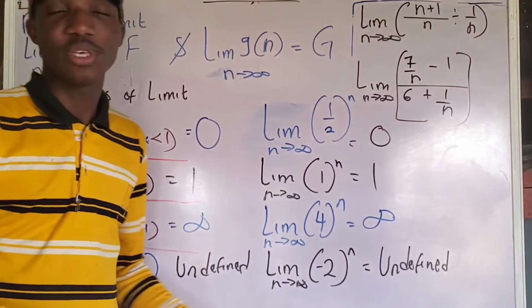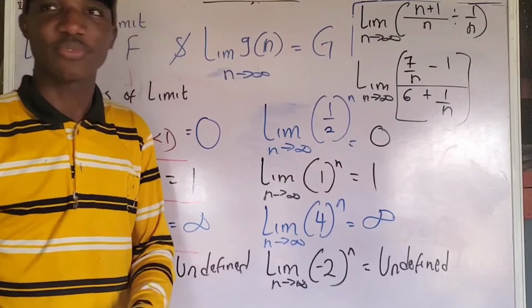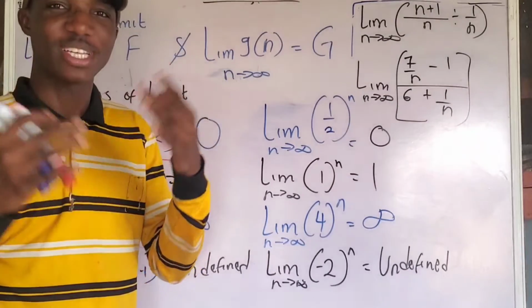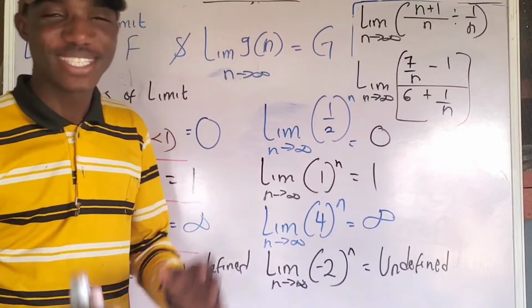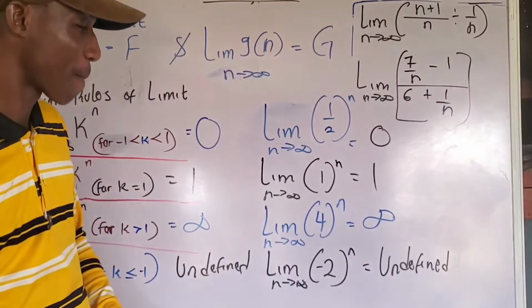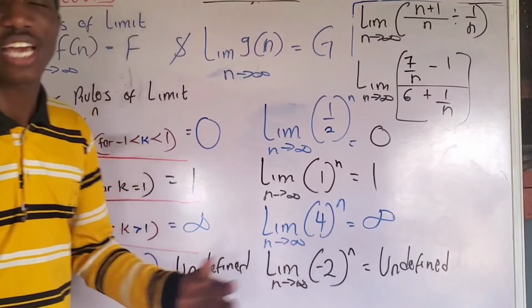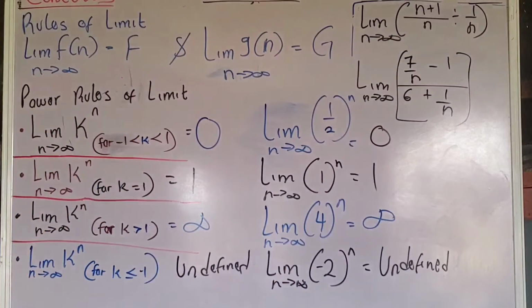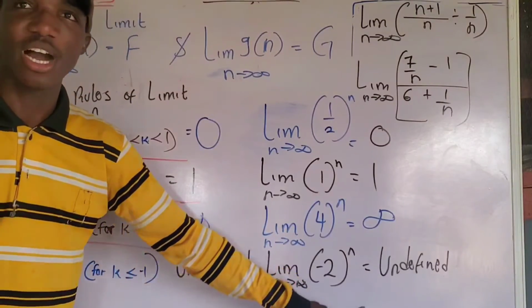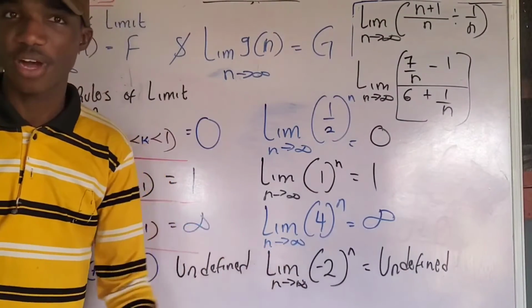Because we cannot say that it tends to negative infinity or positive infinity. I don't know if you get what I'm showing. Listen to the explanation again. See, when n changes in value, the sign changes simultaneously, okay? And because it happens like that, the output of this kind of function is undefined. You understand?